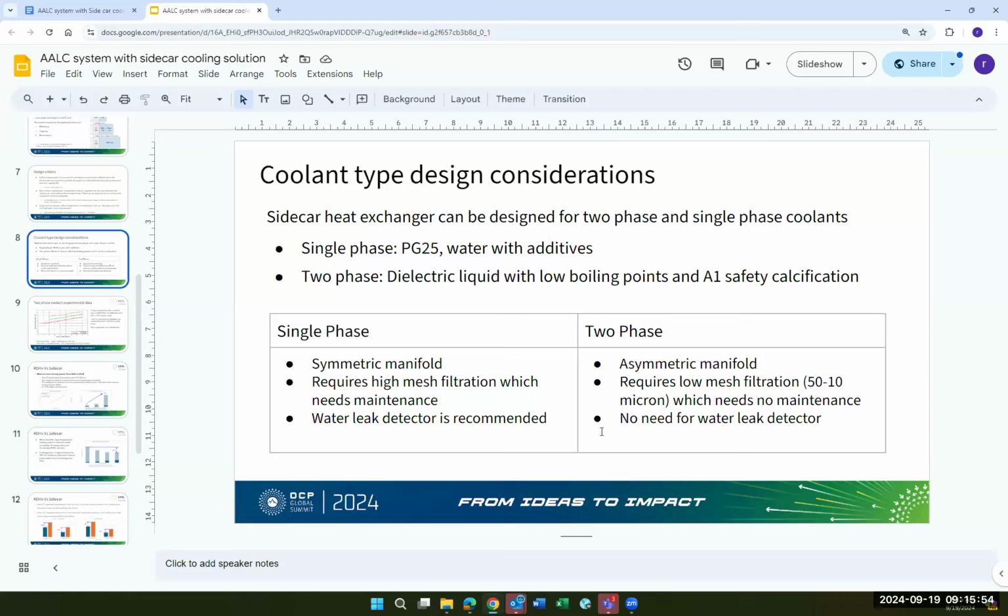So do you think these are the major ones, or the only differences that we have between single phase and two phase? On the sidecar, probably yes, we can also discuss the pump side if you want, but pump power in this kind of sidecar is actually minor. Compared to the fan power, it's not a big issue, I think.